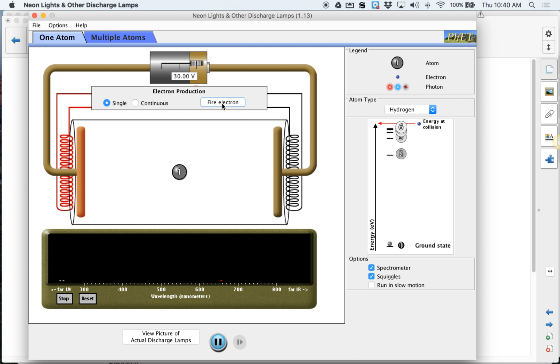Okay. What would be cool is if we could see all the energy jumps. 6 to 5 to 4 to 3 to 2 to 1. But it's all random, so just like flipping a dice, you don't know what's going to happen. So the 6 to 4 produced the light blue color, and then the 4 to 1 produced the purple.